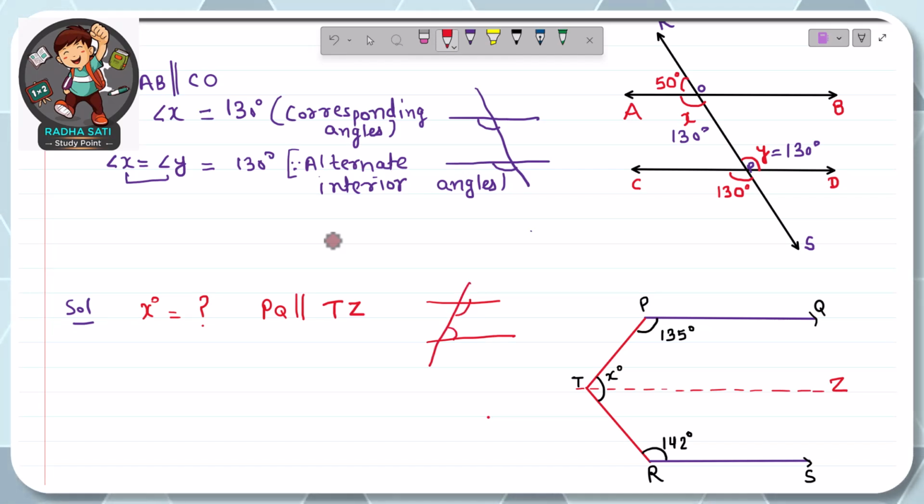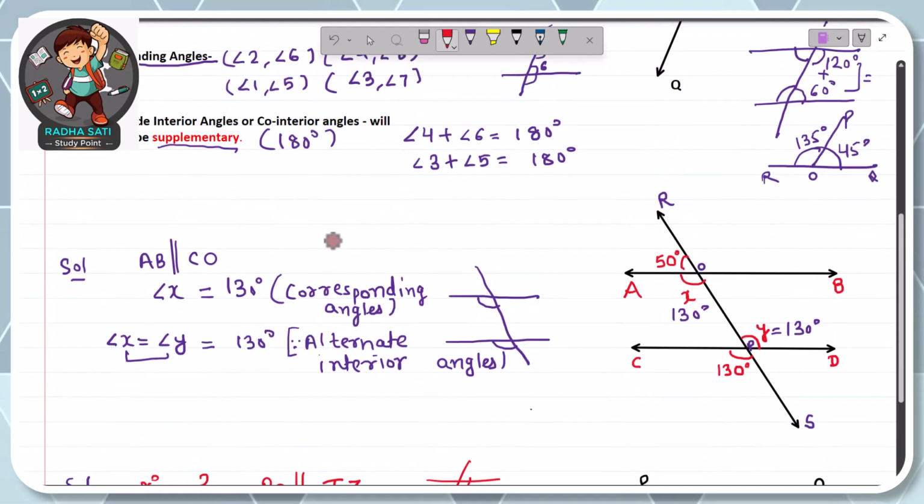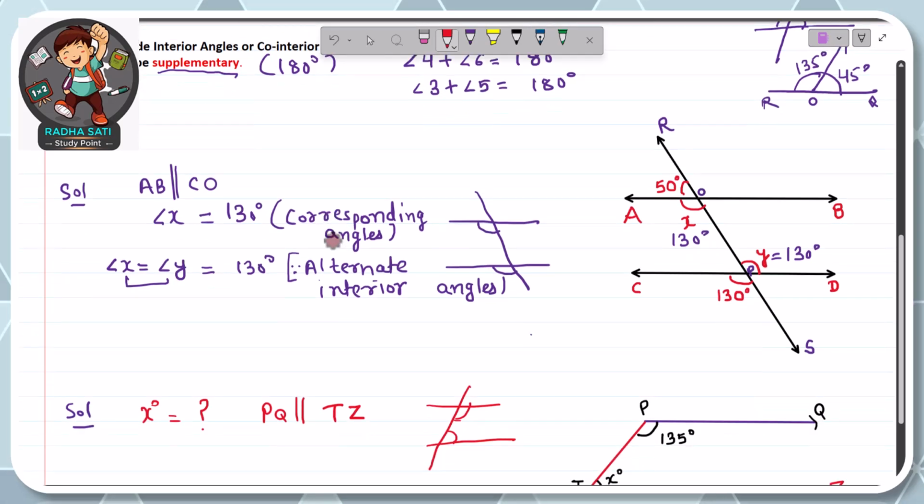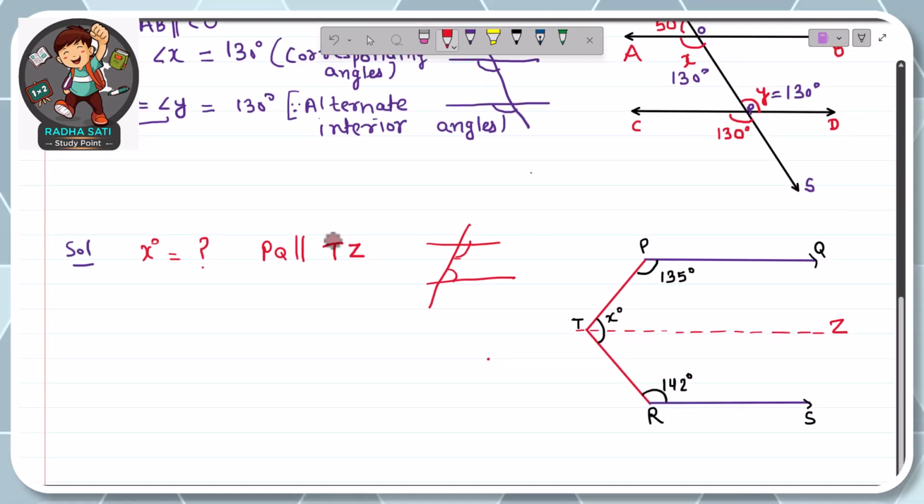So this angle and this angle, these are the same side interior angles. What we did learn here, this is same side interior angles or co-interior angles, which will always be supplementary angles.